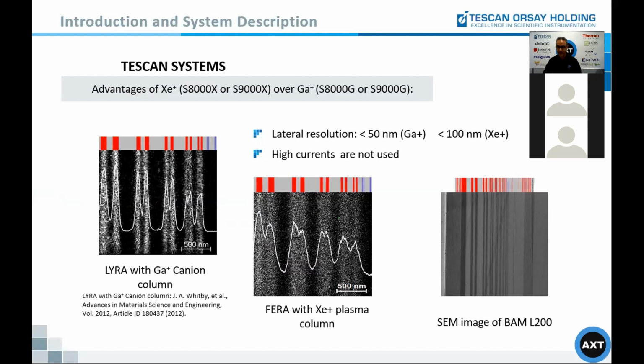In general, if we compare the two, we will lose spatial resolution by almost 100% going from gallium to xenon. If we get better than 50 nanometer lateral resolution with gallium, we get around 100 nanometer with xenon. But because the current density is much higher, you can ionize more and remove more material, and you can generate larger data sets in shorter times.